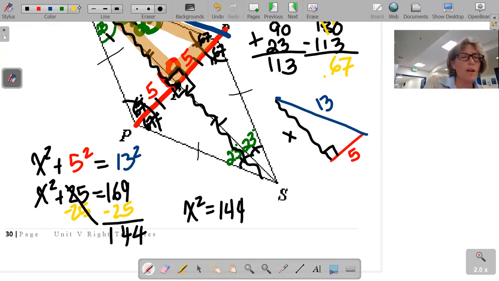The opposite of squaring is square rooting. So our x here is going to be 12.